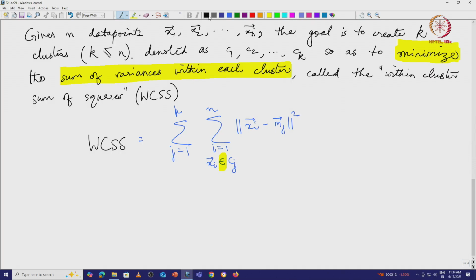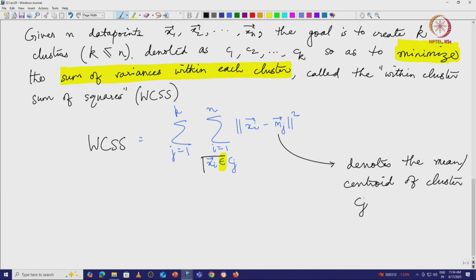So, here mj denotes the mean or centroid of cluster Cj, and of course, this i is an index for the points, and this means that the ith point belongs to the jth cluster.